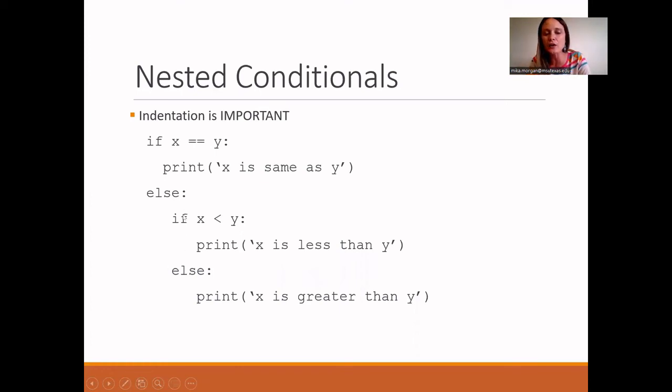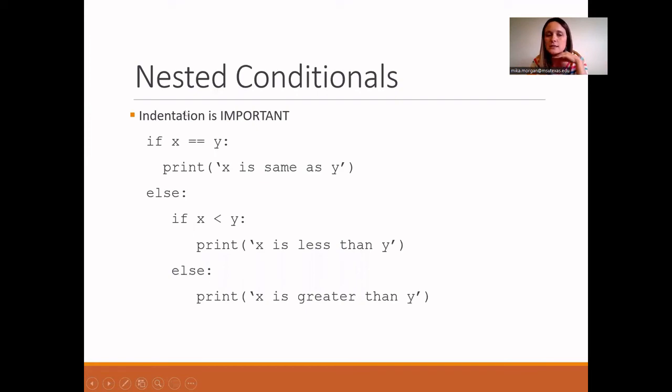So this entire if else branch will only run if I enter this else branch to begin with. If I run this program and I give it the numbers 3 and 3, it's just going to print out X is the same as Y, and that's it. However, if I give it the numbers 5 and 7, it will say, does 5 equal 7?